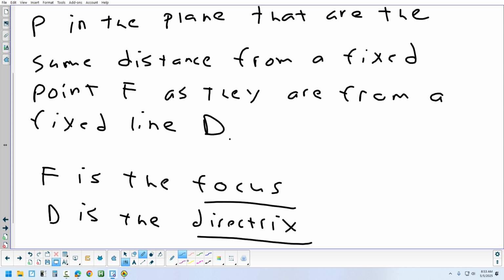And the reason they call that point the focus is, pretend that that's part of a parabola. A lot of mirrors will have a shape like that. And if you make a shape like that, the mirror will focus all the light that comes into it at a single point. Right? So like a car headlight.